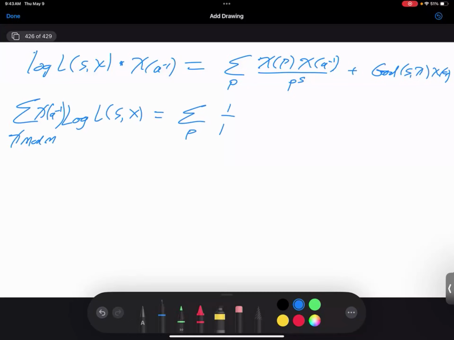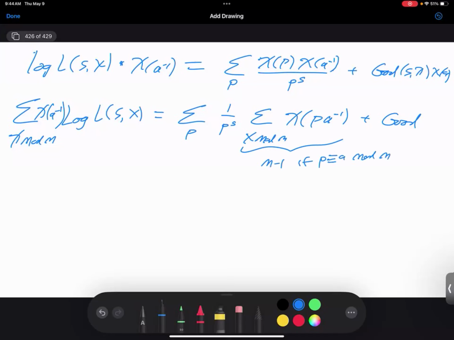I'm going to forget about that now. So it's 1 over p to the s, and I'll have the sum over all chi mod m of chi of p a inverse, plus something good. This is going to be m minus 1 if p is congruent to a mod m and 0 otherwise.